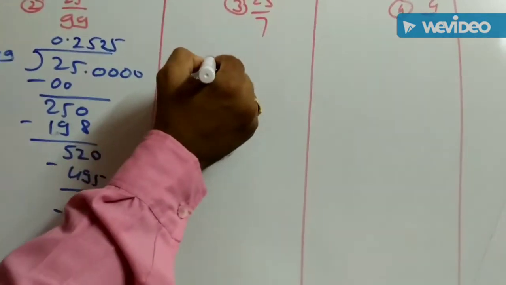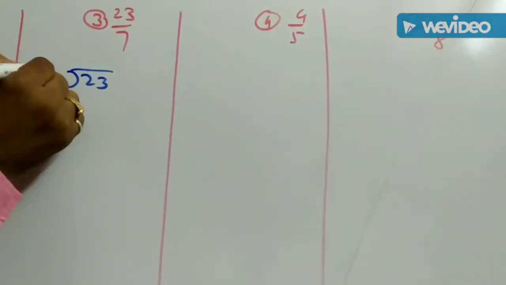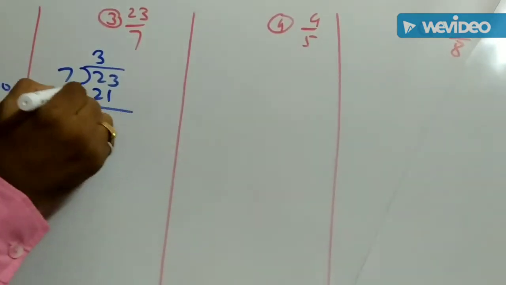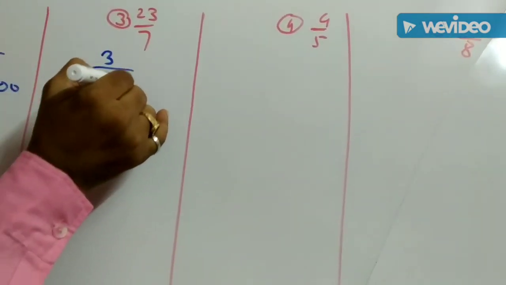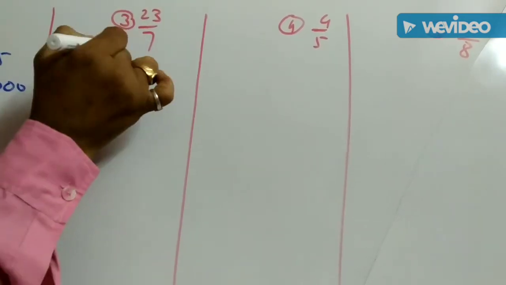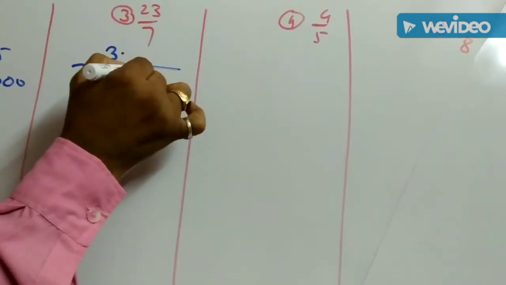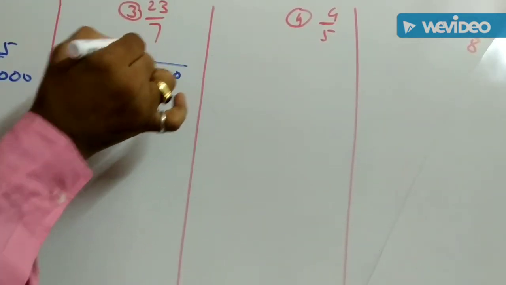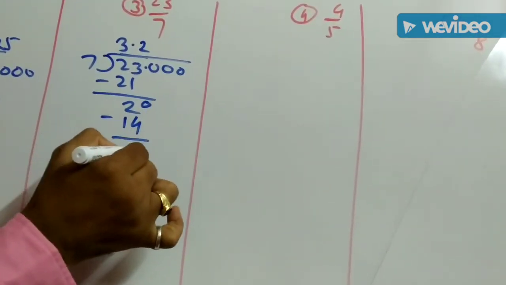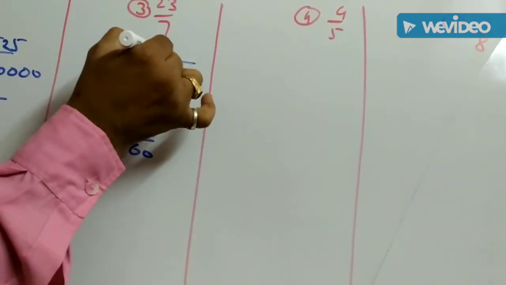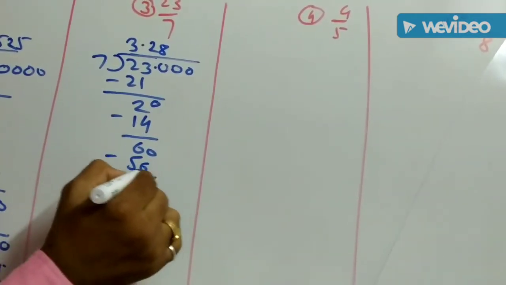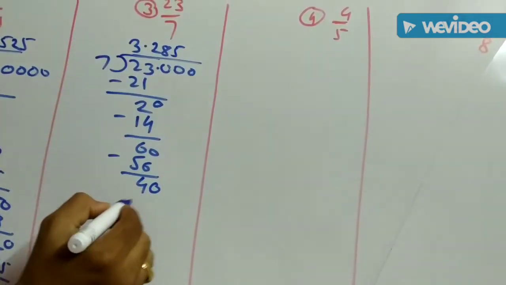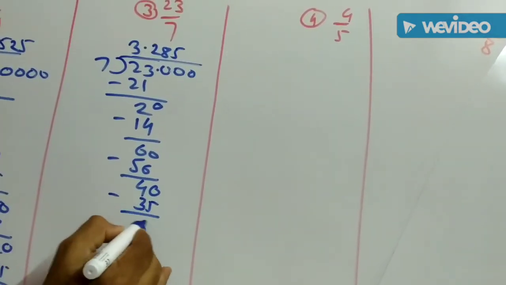Then the third is 23 divided by 7. 7 threes are 21. Remaining 2. Now here the decimal point, and here we take two or three zeros. We take 0. 7 twos are 14. Remaining 6. Taking 0. 7 eights are 56. Remaining 4. Taking 0. 7 fives are 35. Remaining 5.